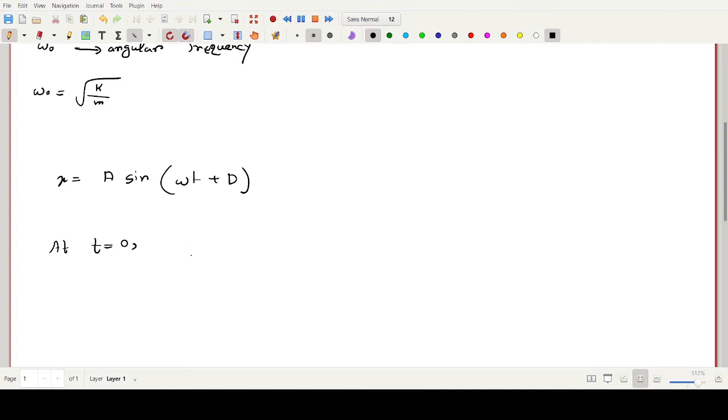So at t equals 0, x becomes a sine d, right? Let me check what the symbols were. Did you remember what the symbols for amplitude and phase were in my lectures? Let me check.